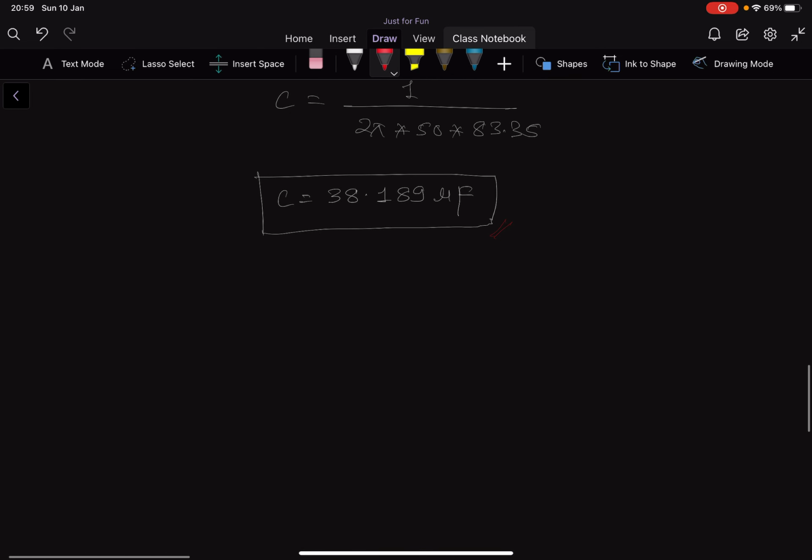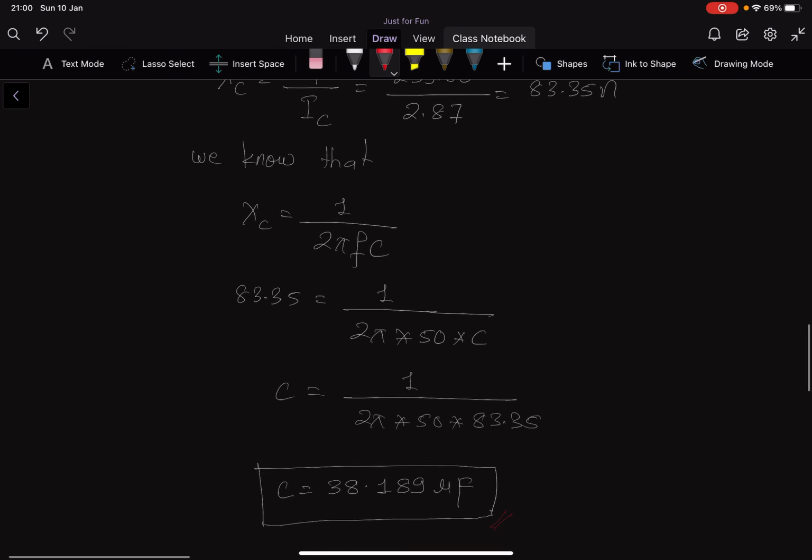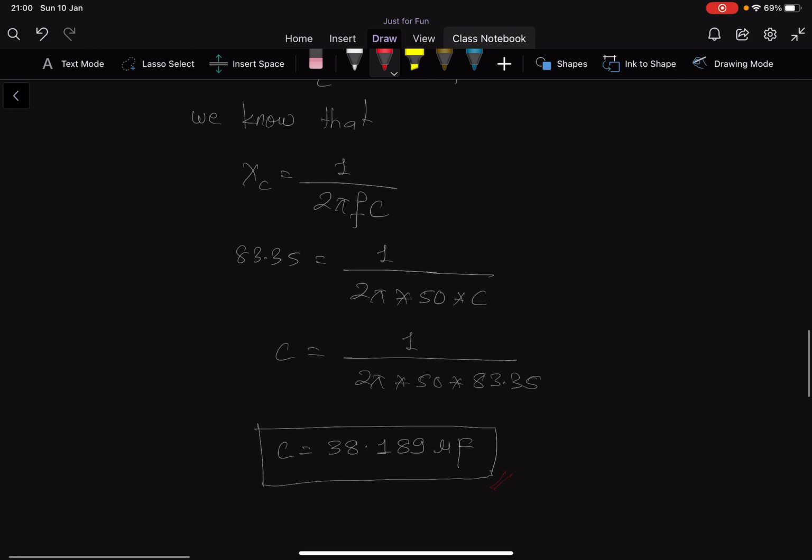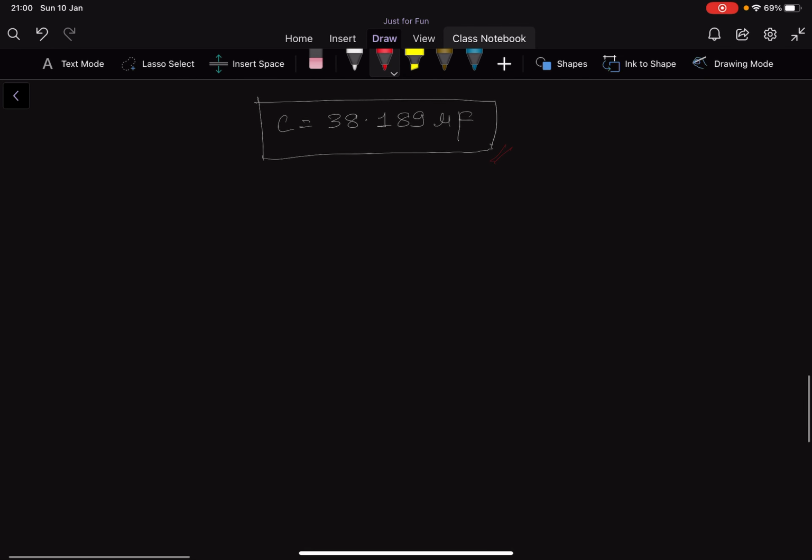So to improve our power factor from 0.8 to 1, this is what we have to say.